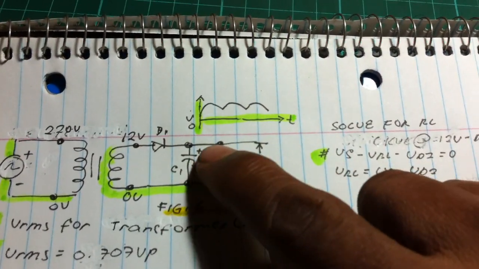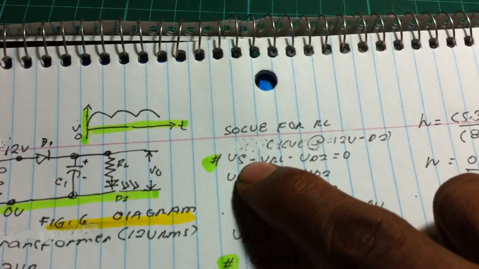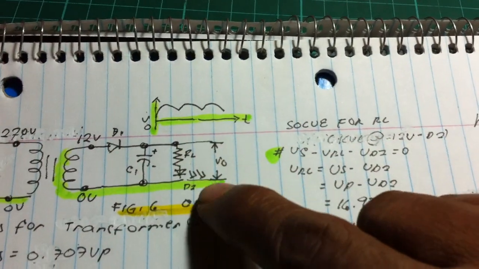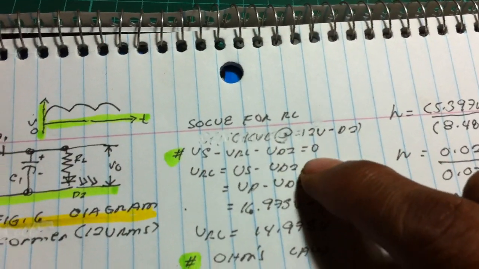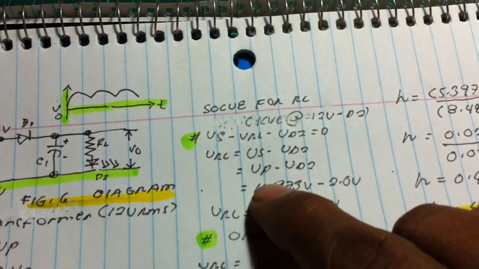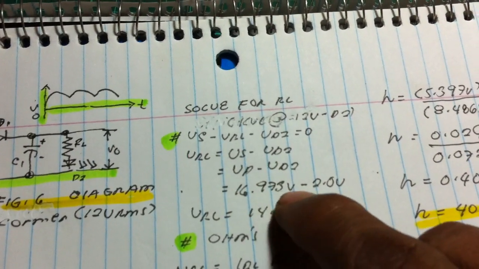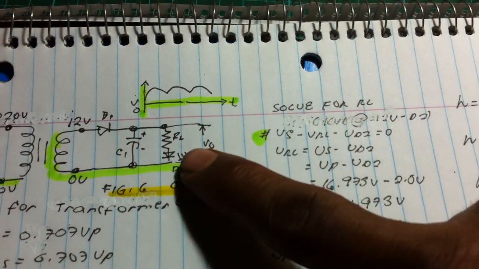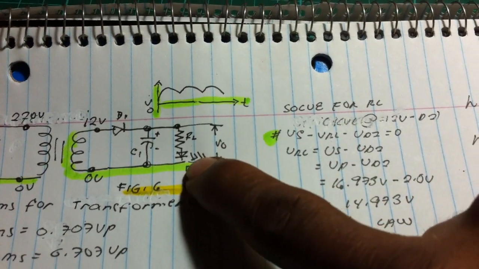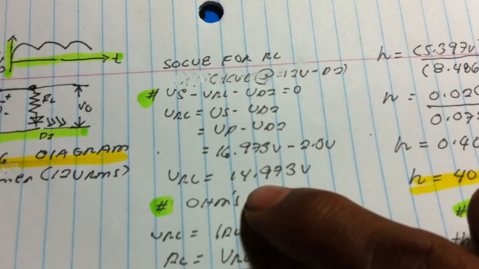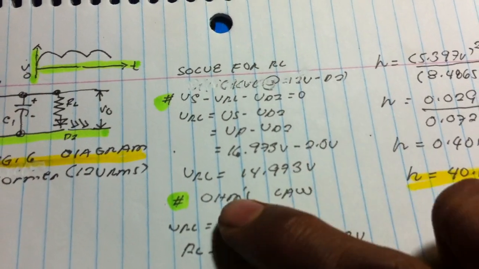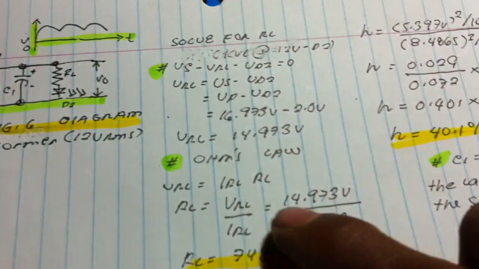Voltage supply minus voltage RL minus voltage D2 is equal to 0. Now we got this voltage peak 16.97 minus 2 volts, the voltage drop across the LED to turn on. We got 14.973 volts across the load.